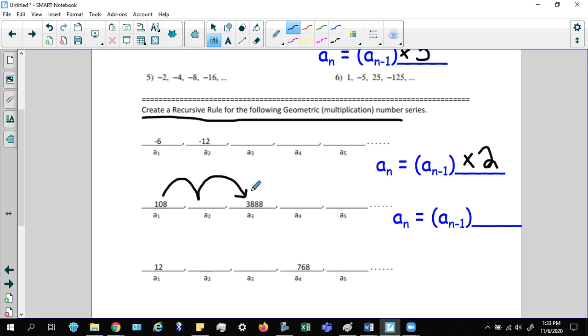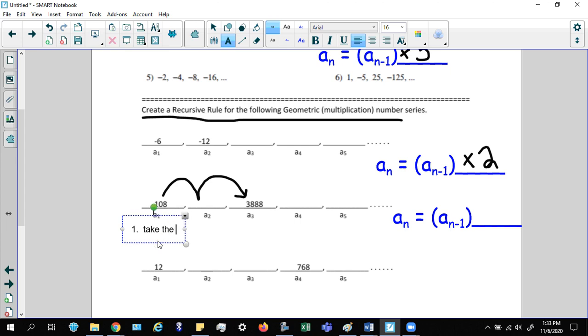When you're trying to figure out what you multiply by, here's rule number 1. Number 1, take the later term and divide by the early term.